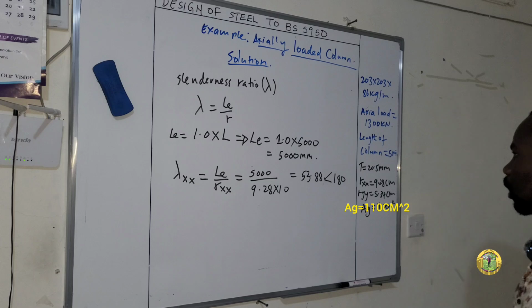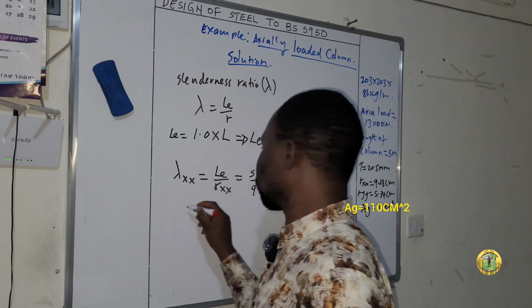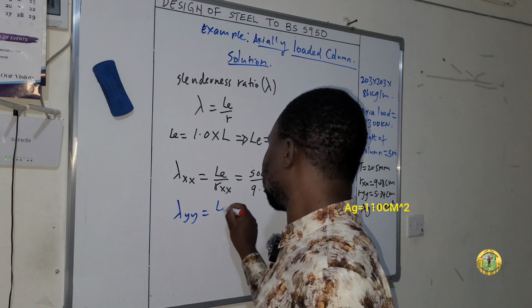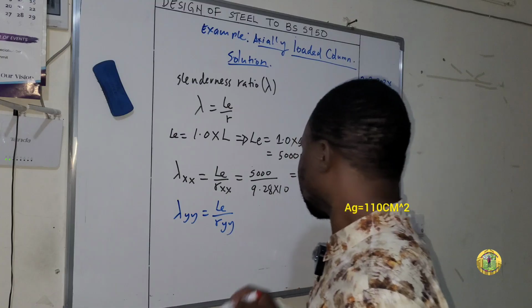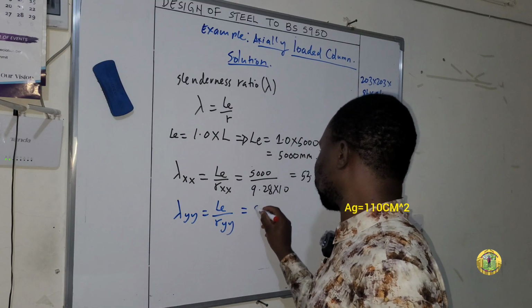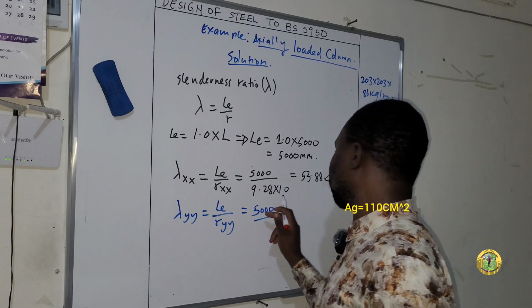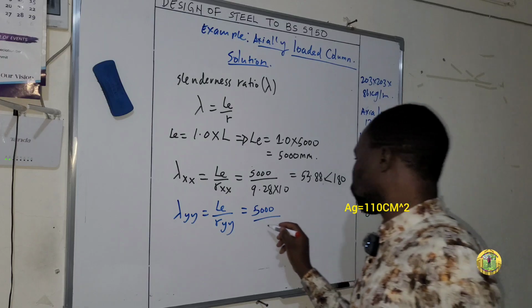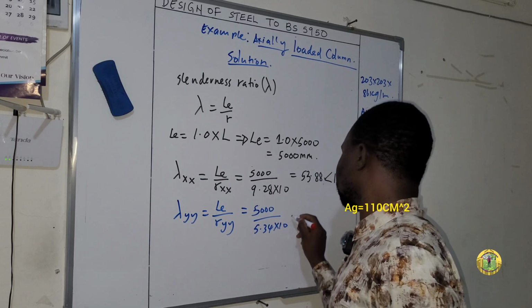Now we proceed to the slenderness ratio for YY axis, which is equal to LE over RYY. So this one is equal to LE, which is 5,000, all over RYY, which is 5.34 times 10.